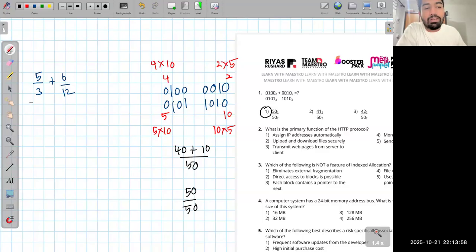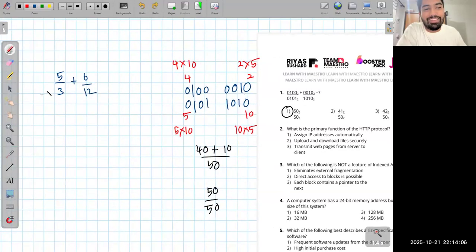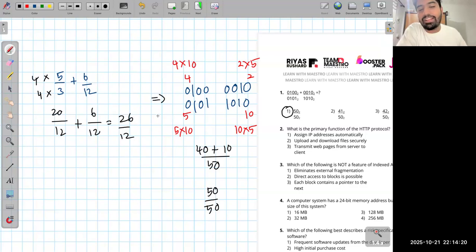I can make it 12 by multiplying by 4. If I multiply by 4, I will make it 12. So you have to multiply by 4 here. Then you get 5 into 4, 20, plus 6, so 26 divided by 12.